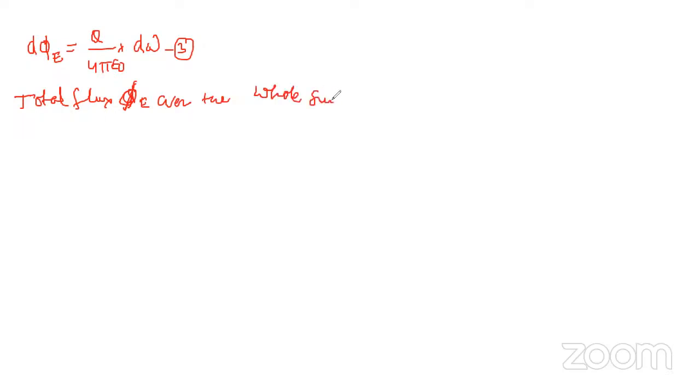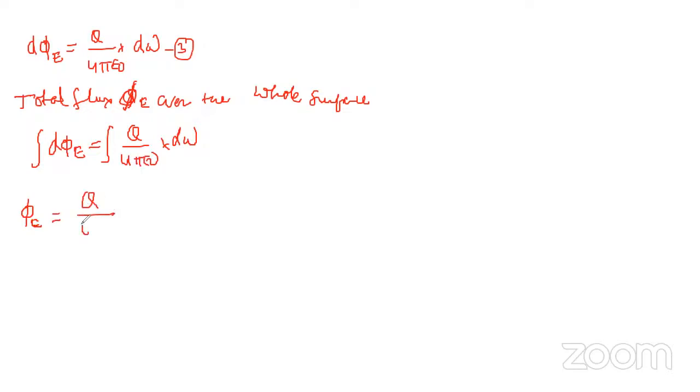The whole surface means the irregular surface we have taken, no? In that, if you want this, then we integrate d phi E, which is equal to the integration of q by 4 pi epsilon naught into d omega. So phi E will be equal to q by 4 pi epsilon naught times the integration of d omega.